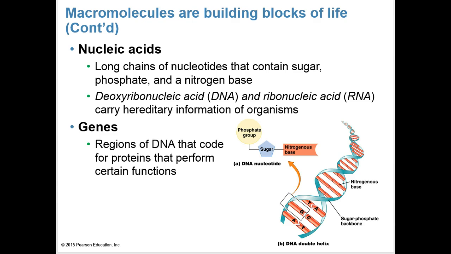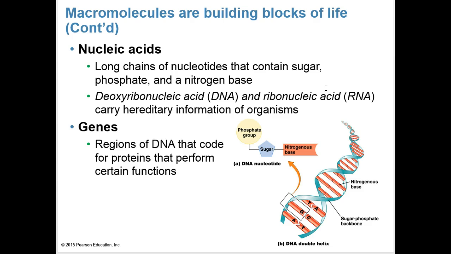Nucleic acids, speaking of DNA, are also polymers. They're long chains of nucleotides. A nucleotide contains a sugar. If it's DNA, the sugar is called deoxyribose, linked to a phosphate group and a nitrogen base. You may remember the words adenine, cytosine, guanine, and thymine from maybe a past biology class.